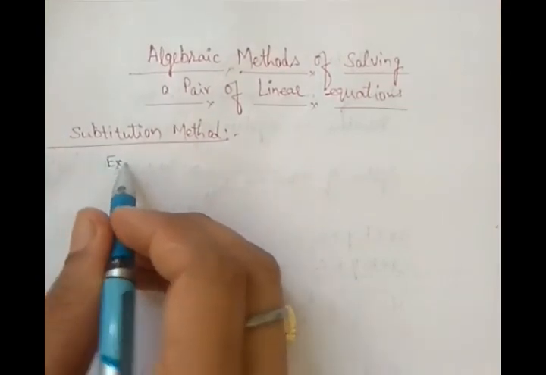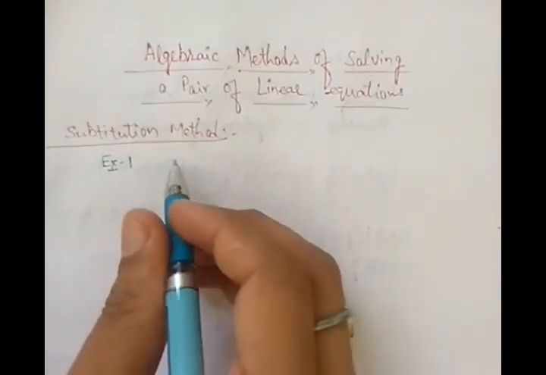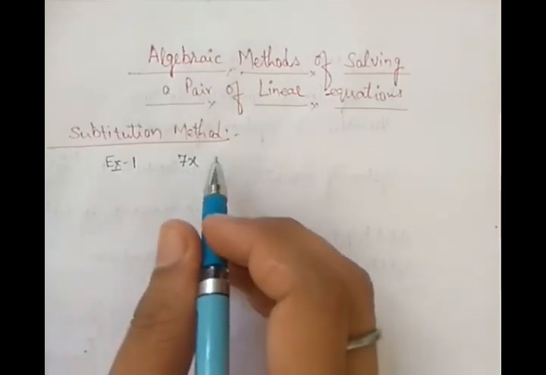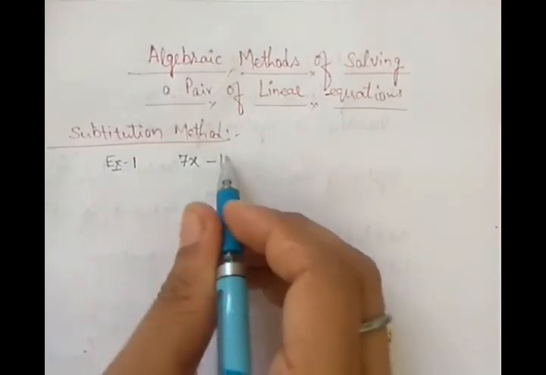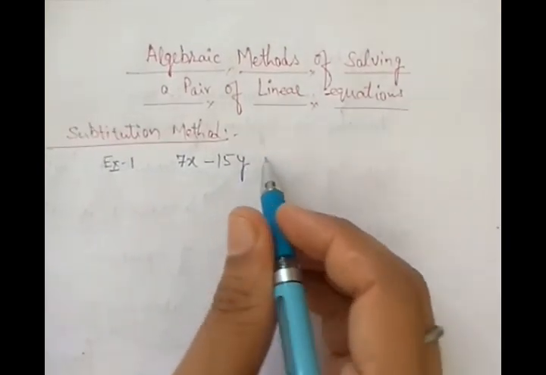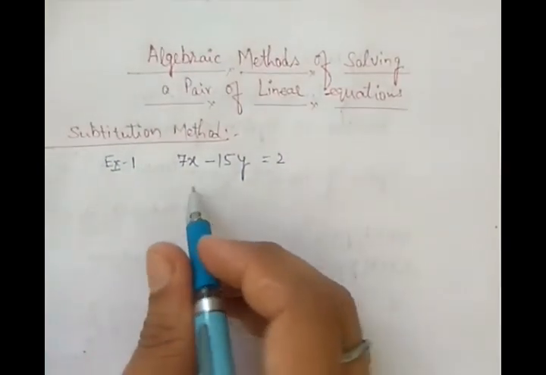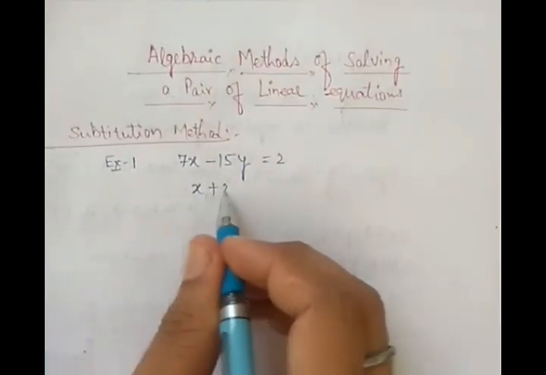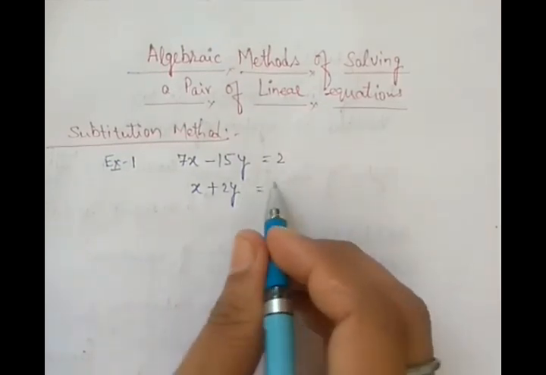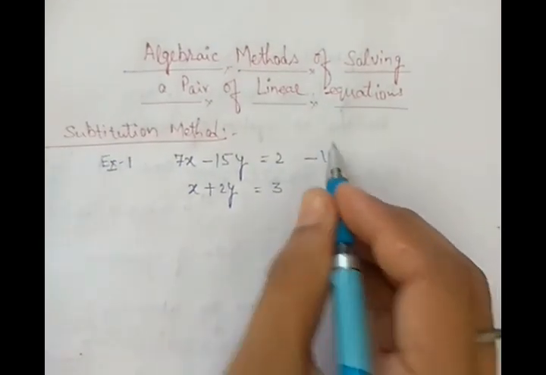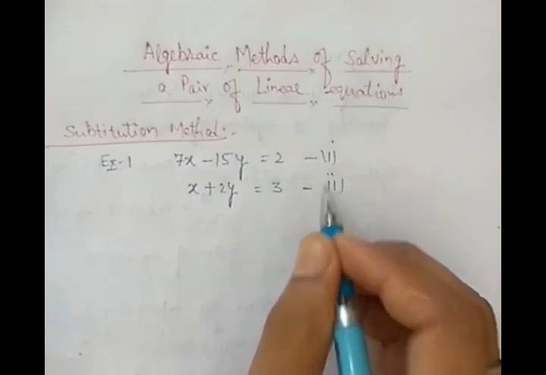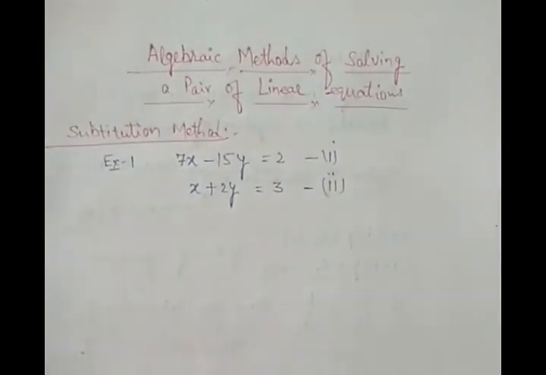Example number one: one equation is given as 7x minus 15y is equal to 2, and the other is x plus 2y is equal to 3. Let's say this is equation number 1 and this is equation number 2.